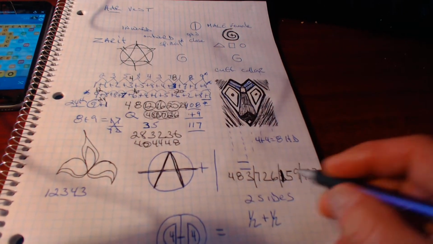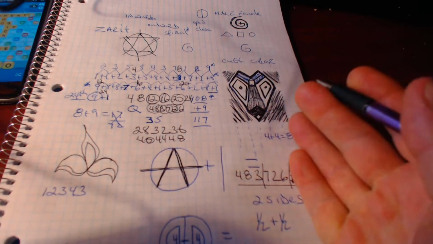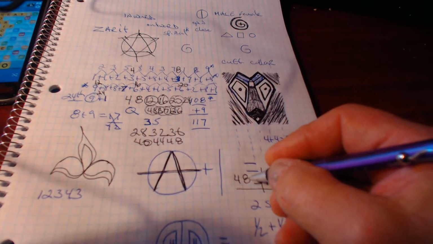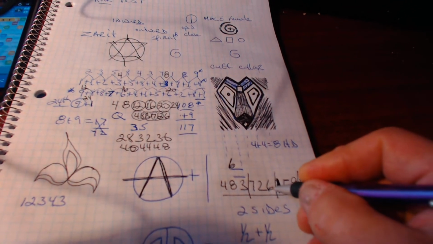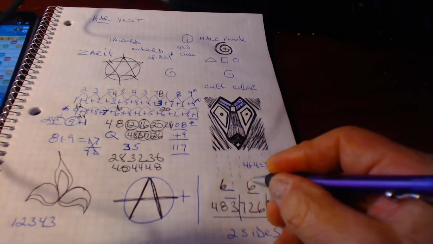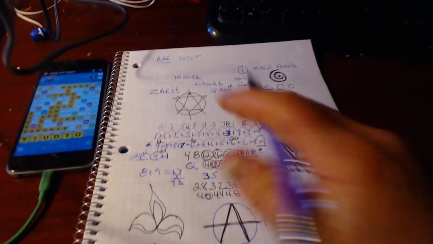We need the 483, 726, 159 would put this area in the center. There's going to be one of these areas over here and one of these areas over here. 4, 12, 15 equals 6, 7, and 6, 13, 15 equals 6, 9, 5, 1, 15 equals 6, 6, 6, 6 of this rotation of the Fibonacci.